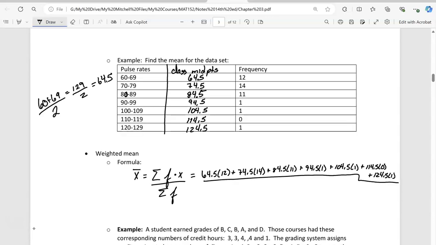And I'm going to divide that by my total here. If I add all of these numbers up, I'm going to end up getting 40.